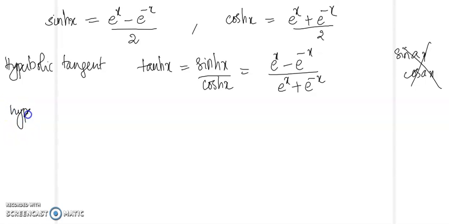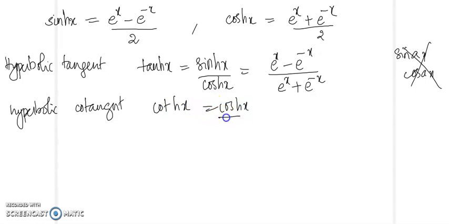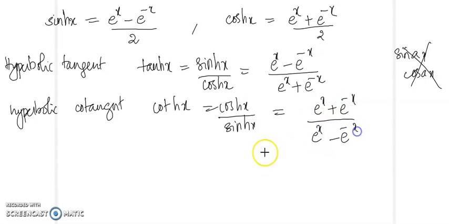And then you have hyperbolic cotangent, denoted by coth x. Coth x is cosh x by sinh x. So that is (e raised to x plus e raised to minus x) by (e raised to x minus e raised to minus x). Similarly, you have the secant and cosecant functions.